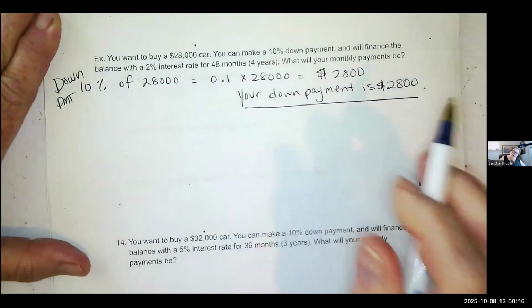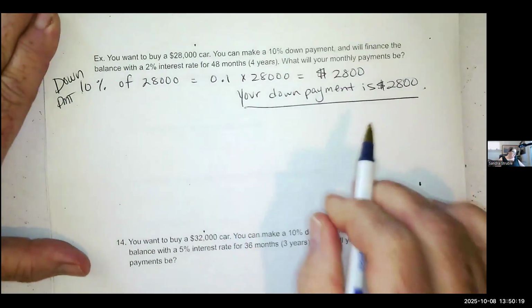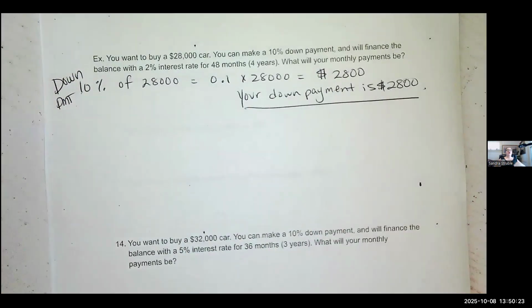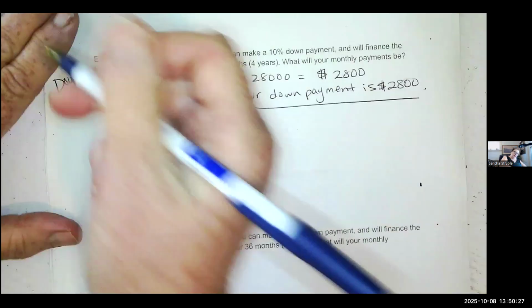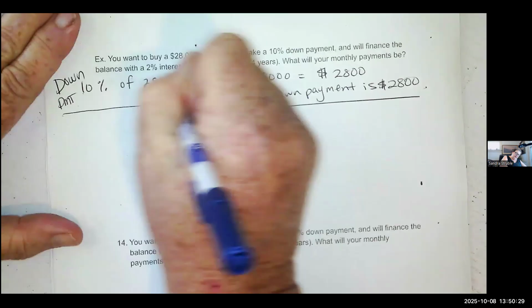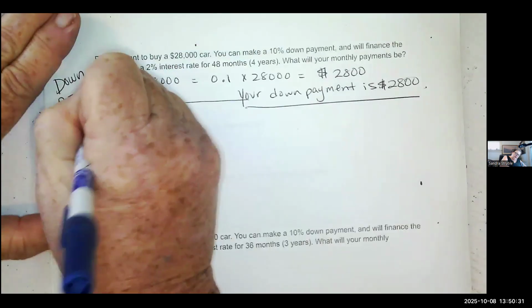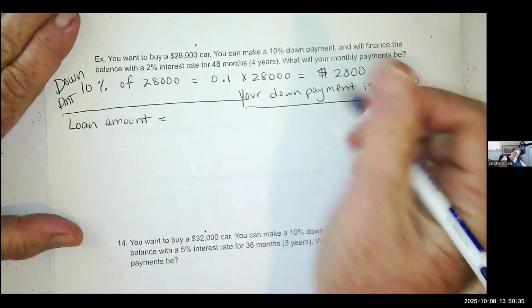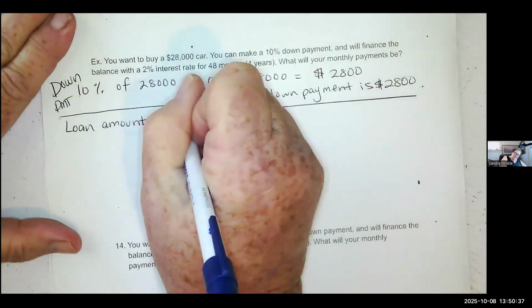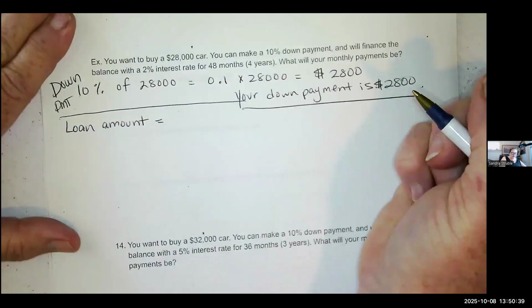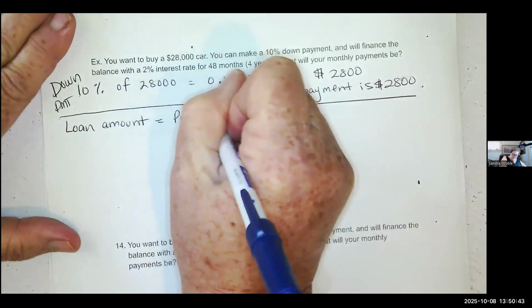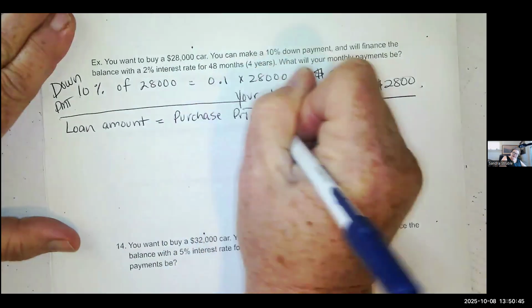All right. Now, what will your monthly payments be? Well, we're going to have a loan for how much? Not $28,000 because you're giving them $2,800. So we need to find the loan amount. The loan amount is equal to the purchase price minus the down payment.